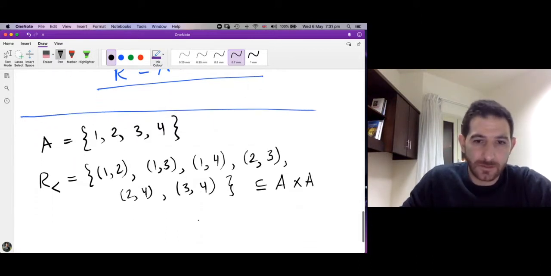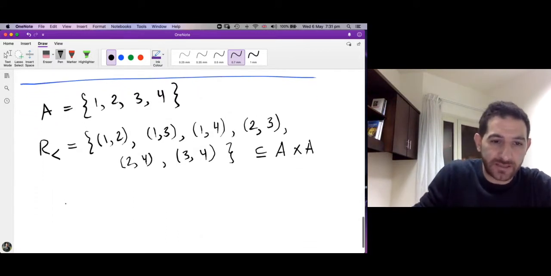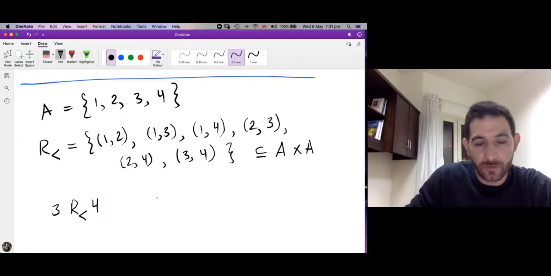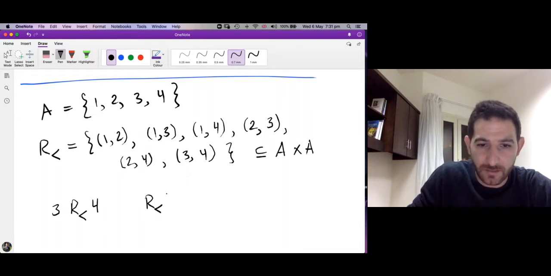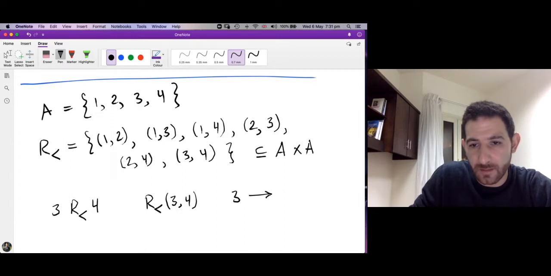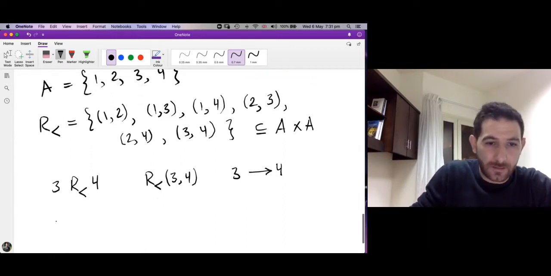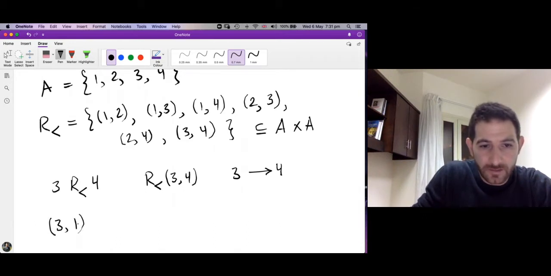Now, what else? So we can say that, for example, 3 is related to 4. You can also say that R, so now the symbol we are using R subscript less than 3, 4, or you can use an arrow to represent 3 is related to 4. Now, but look that 3, 1 does not belong to this relation.